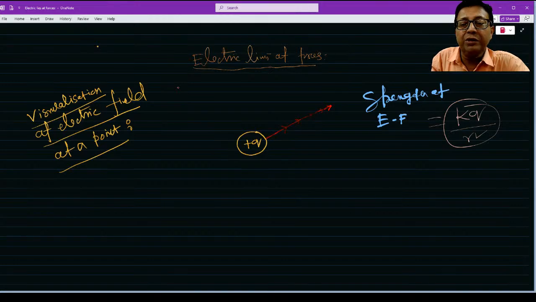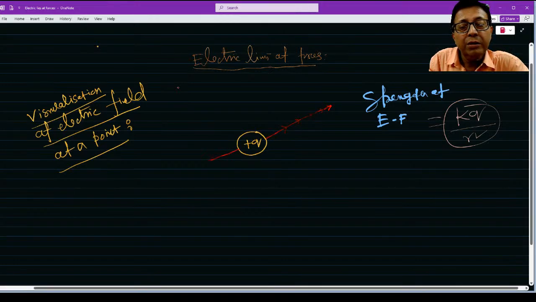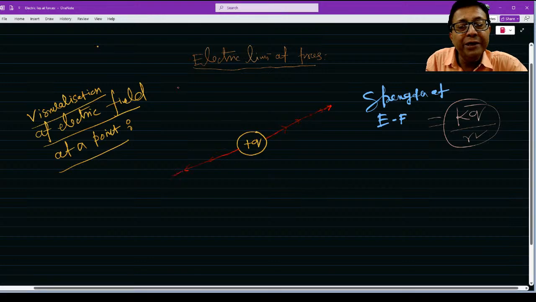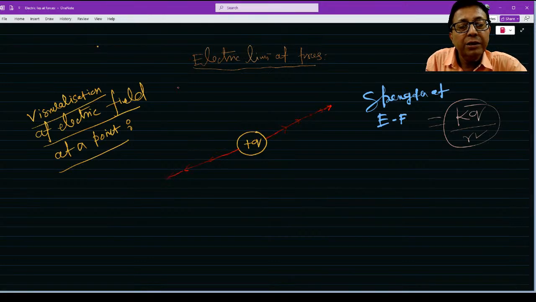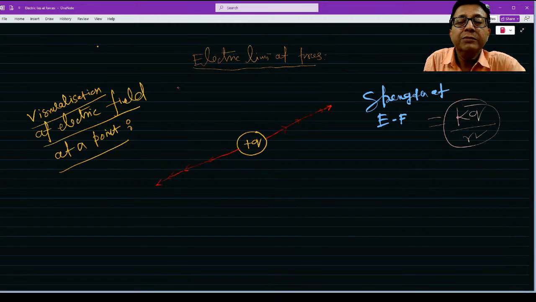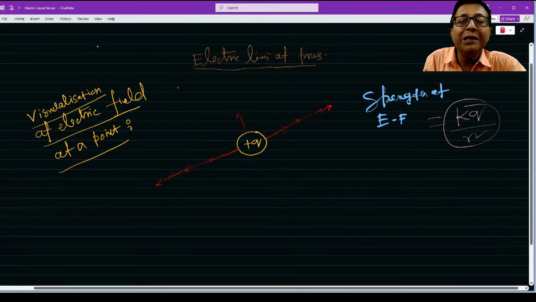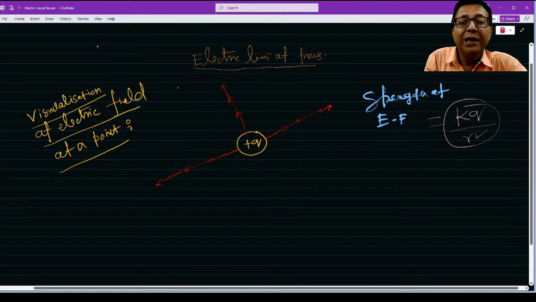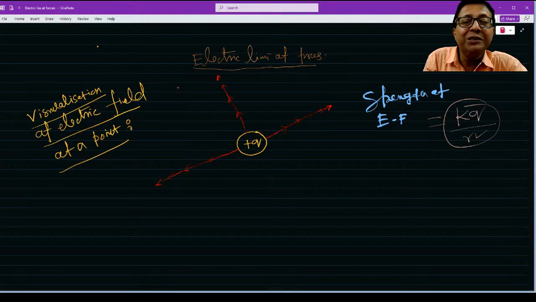You agree or not? And it is both ways. So where the field is stronger, we are taking a larger arrow. Stronger field; it is gradually reducing, which means the strength of electric field is gradually decreasing. That's why the arrow is going to be changed.